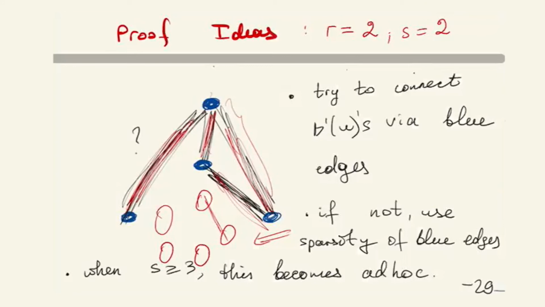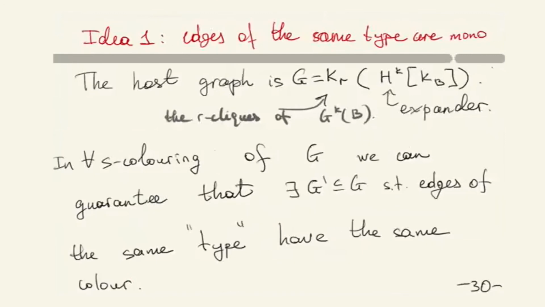And all the methods that were doing things for this multicolor case were quite ad hoc, meaning that from problem to problem, from graph to graph, it was different. Okay. Now, idea number 1, the new idea number 1.